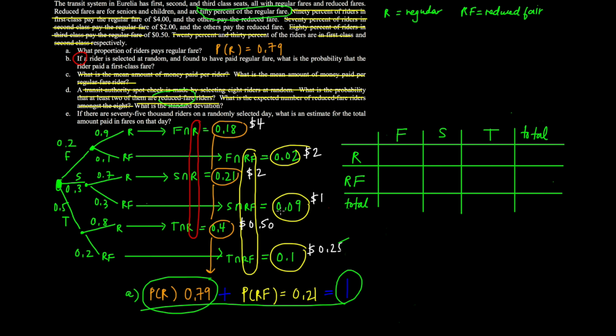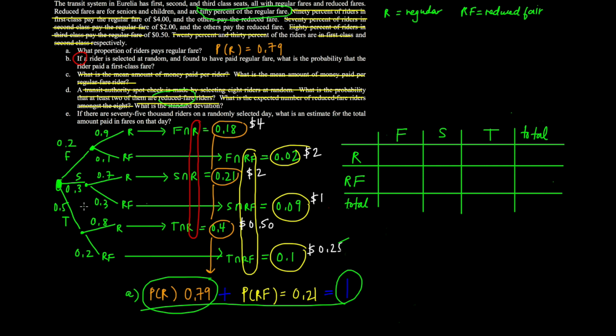So this is why for this particular problem, I like the tree, because everything that's given to you in the problem is this portion right here of the tree, and you have to compute this. So by putting these down, you can see easier what it is that you need to compute for. Whereas the table in this particular example, you have to know where you have to put things in the totals, which can be a bit more confusing. It's really entirely up to you though, depending on what you're most comfortable with.